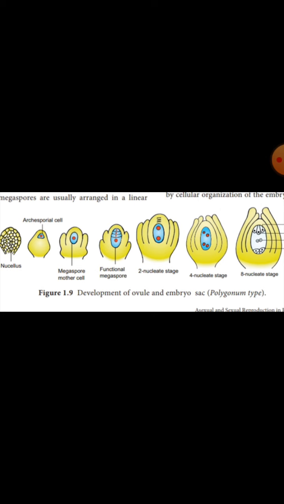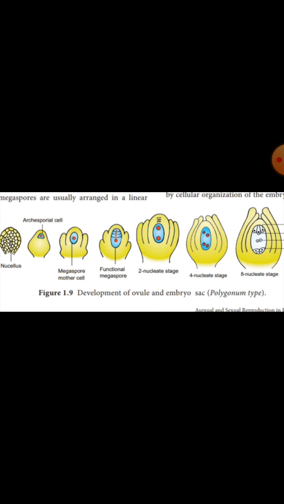An archesporial cell develops and the megaspore mother cell is formed. That megaspore mother cell functions as the megaspore. Next it converts into a 2-celled stage, then a 4-celled stage, and finally there are 8 cells.